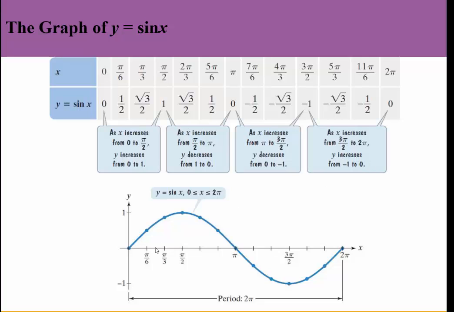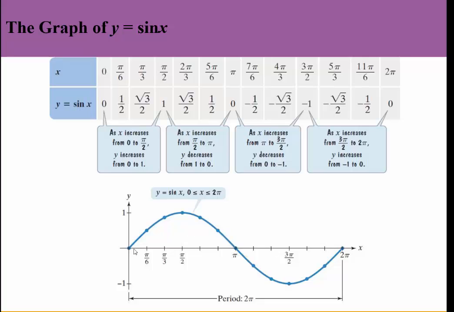All right, so if you look at this, as x increases from 0 to pi over 2 up top here, notice y increases from 0 to 1. And then as x increases from pi over 2 to pi, y decreases from 1 to 0.